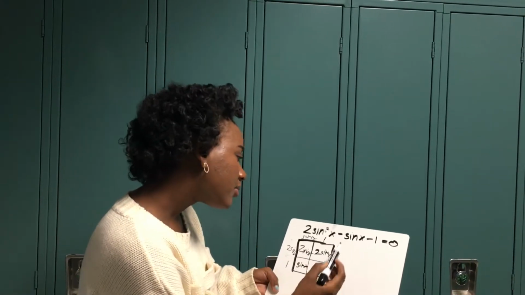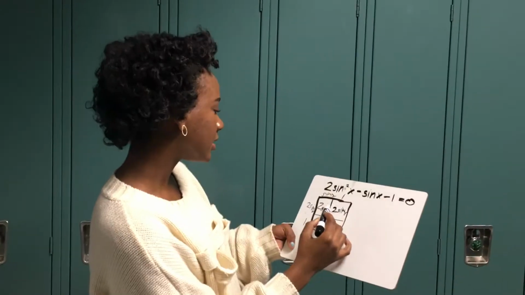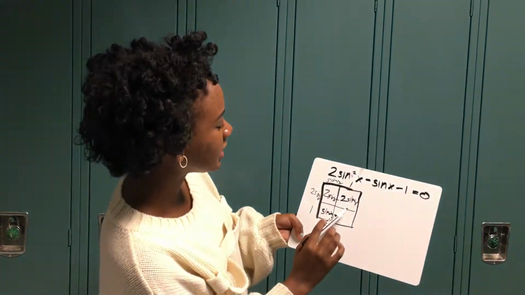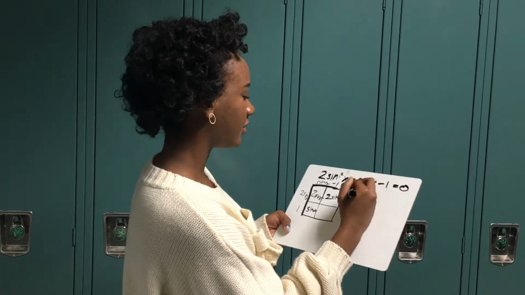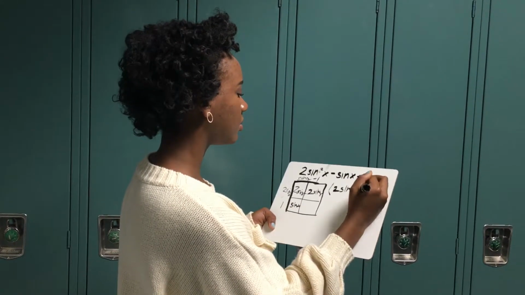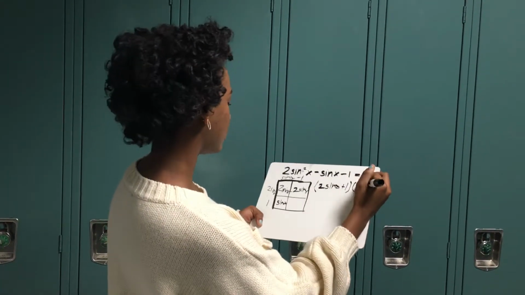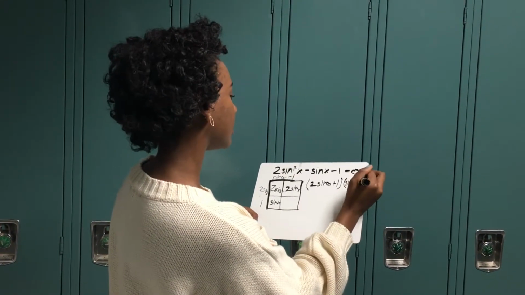And then from there, one of these has to be negative. We know that the one with the larger number needs to be the negative one. So we have 2 sine of x plus 1 times sine of x minus 1.